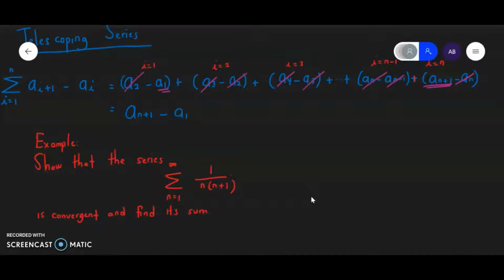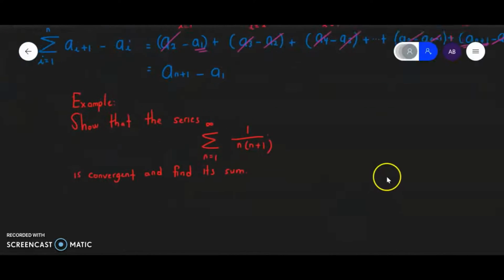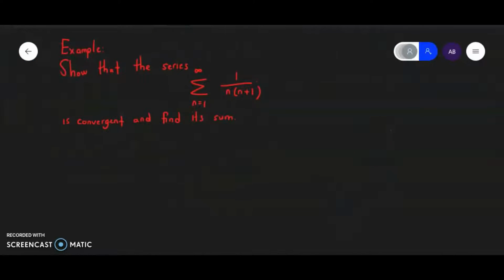Remember, to find the sum, we need to get the partial sum. Let's look at how to solve this series.